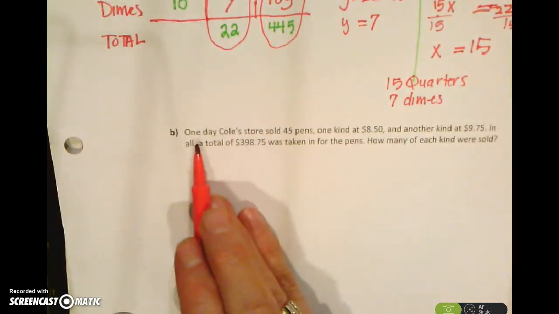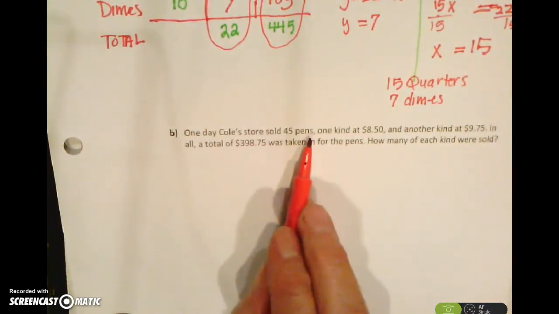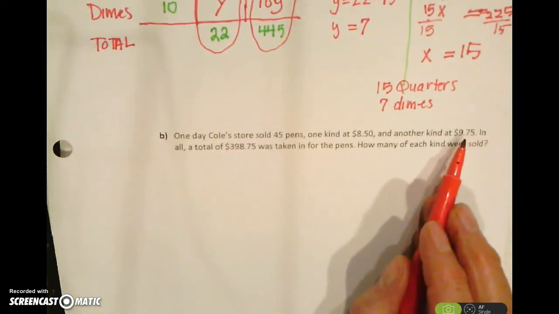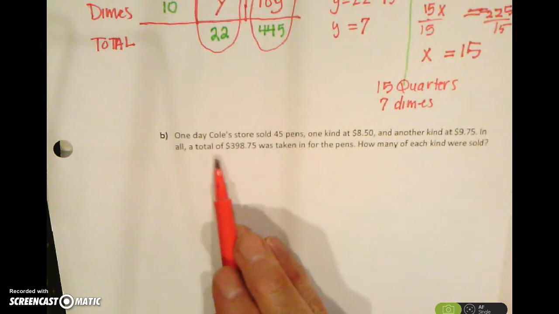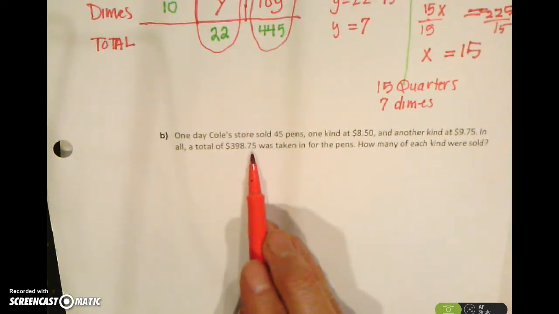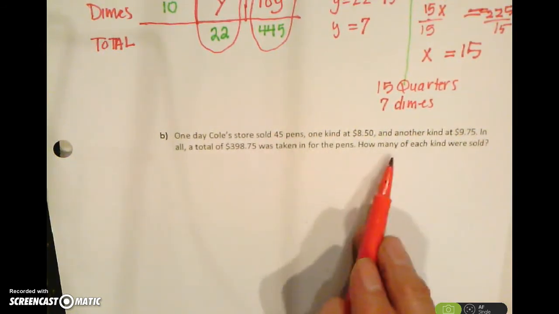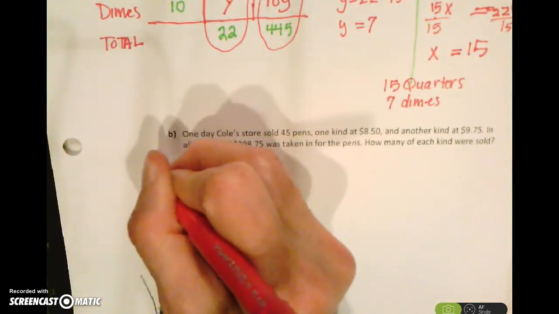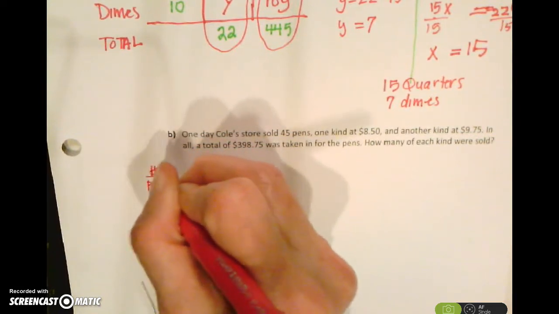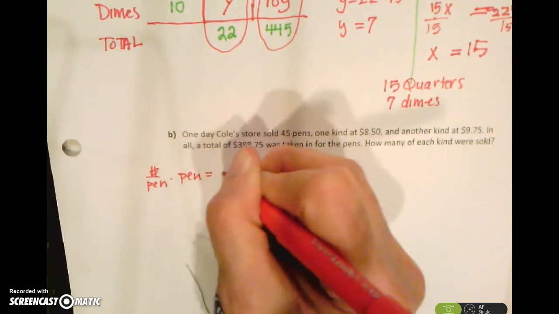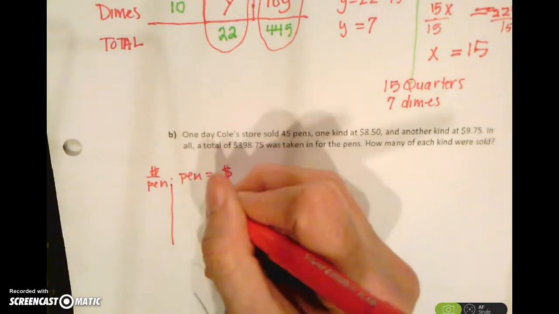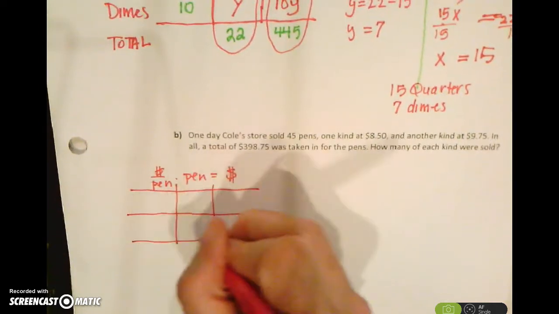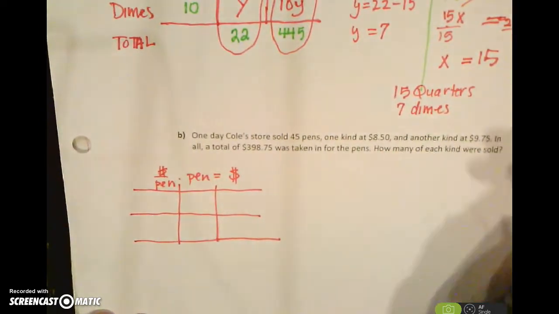So this one, I have one day a store sold 45 pens, one kind at $8.50, and another at $9.75. In all, a total of $398.75 was taken in for the pens. How many of each kind were sold? So again, we have the dollars per pen times the number of pens is going to be equal to dollars. We have two different players, and I'll just name them by their amounts.